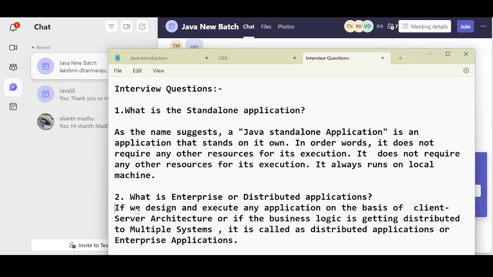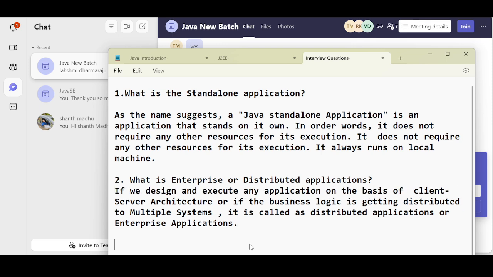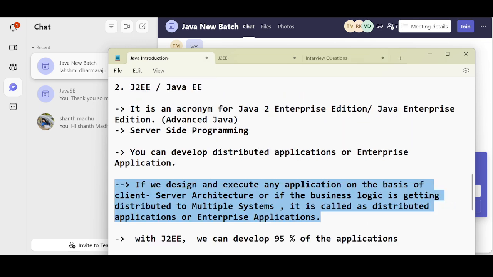Third question: how is the Java programming language divided? What should be the answer?